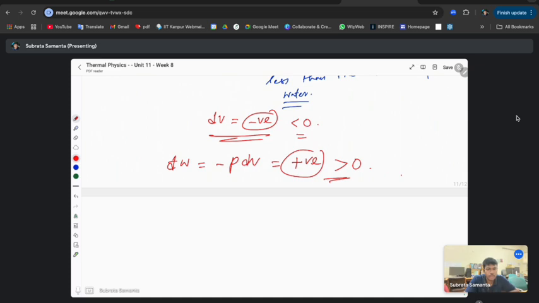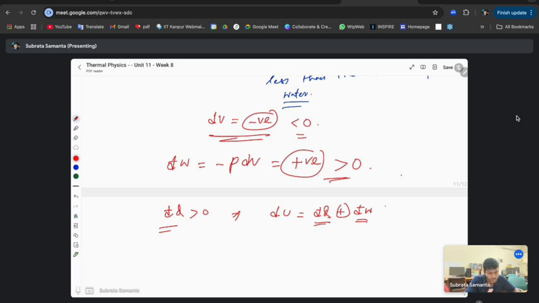And we already know that dQ is positive. So this implies that dU is dQ plus dW. I choose the convention here that it is dQ plus dW, where dW equals minus P dV. But in some books you can see dQ minus dW, where dW is plus P dV.